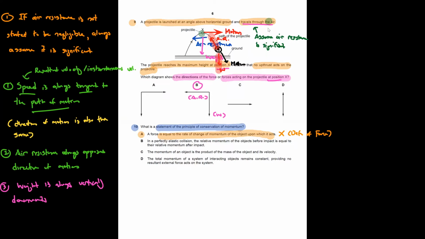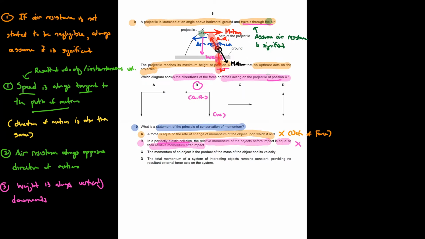Then look at B. In a perfectly elastic collision, the relative momentum of the objects before impact is equal to the relative momentum after the impact. This one is again wrong. It's not really talking about conservation of momentum because you're talking about a perfectly elastic collision. One thing that always comes out when it concerns a perfectly elastic collision is this: your relative speed of approach must be equal to relative speed of separation.